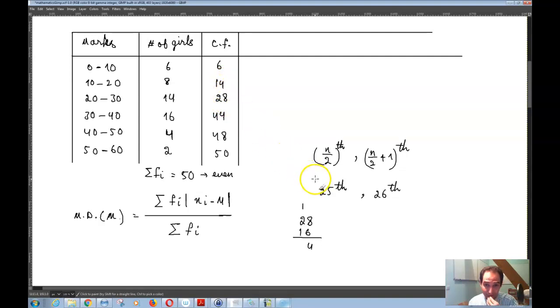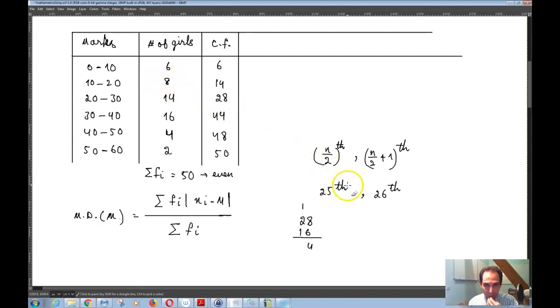You need to know where to find your 25th observation. So you have 6 observations and 8 observations over here, right? So that means that you have 14 observations in total in these two classes.